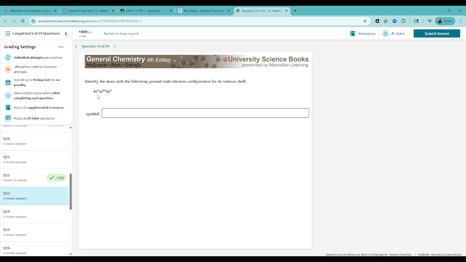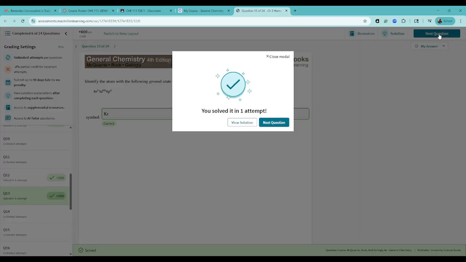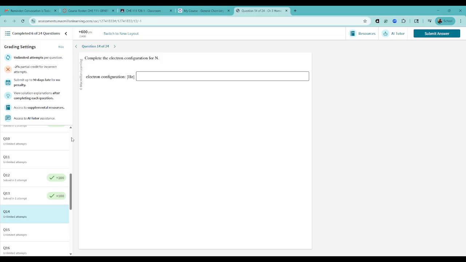Remember, calcium we just saw was 4s2. 3d10 puts it at zinc. Then 4p6 puts this at krypton. But if I did 4p3, that would have been arsenic. So just pay attention to where it says it is.